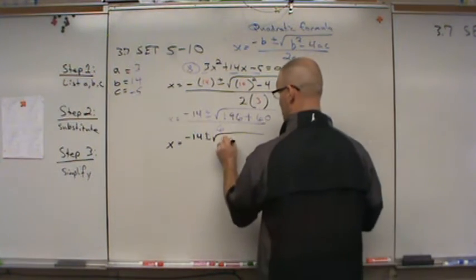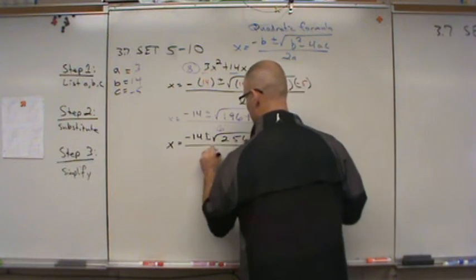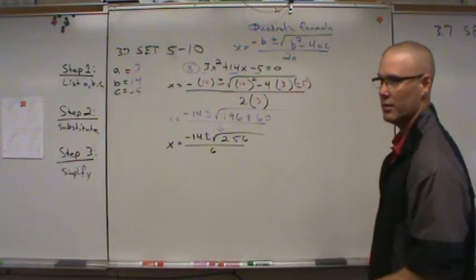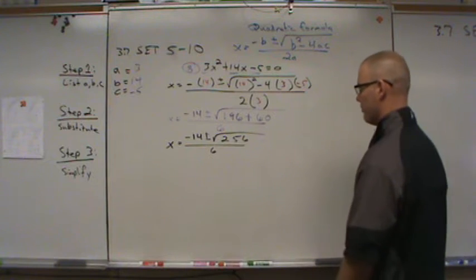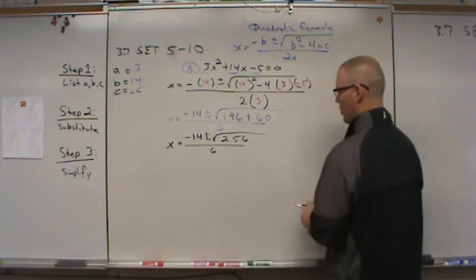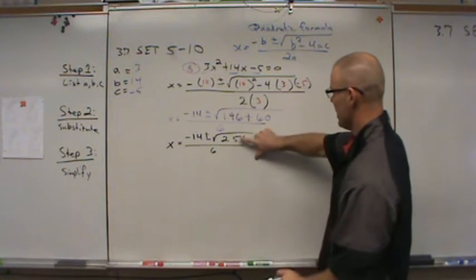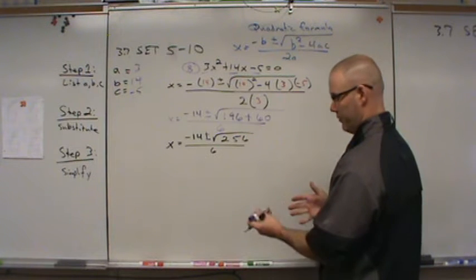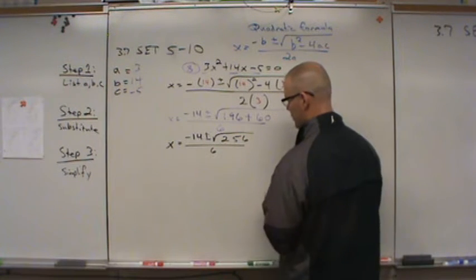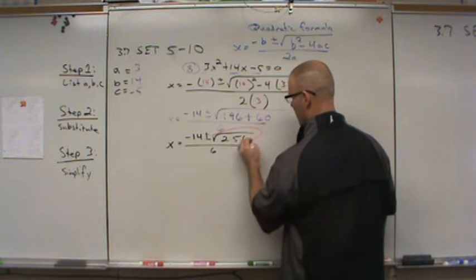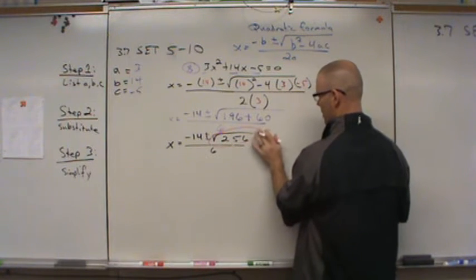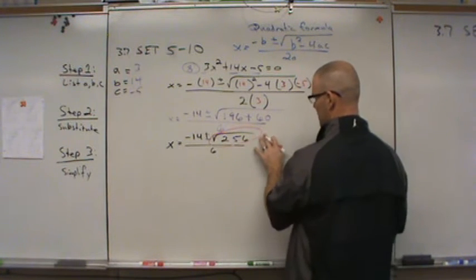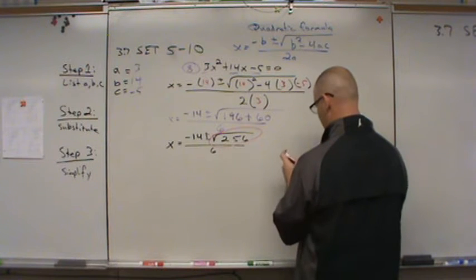the square root of 196 plus 60. Well, gee, 256 divided by 6. If you're not sure, again, let the calculator do the work for you. I don't mind if you use it. All right? Now when you get to this point, we want to look at this and see, is this a perfect square? If 256 is a perfect square, then the answer is going to be exact. If 256 is a decimal, it's going to be approximate.